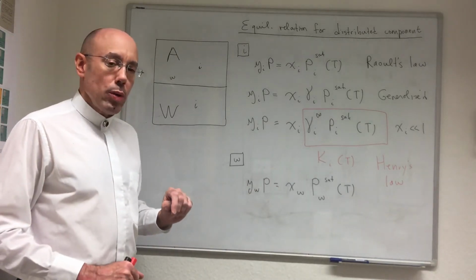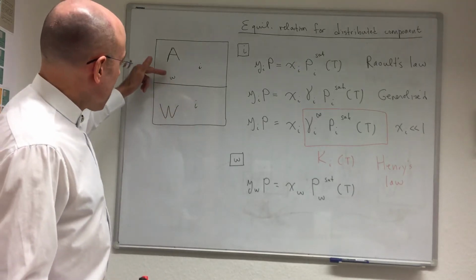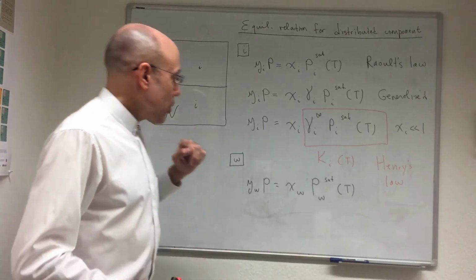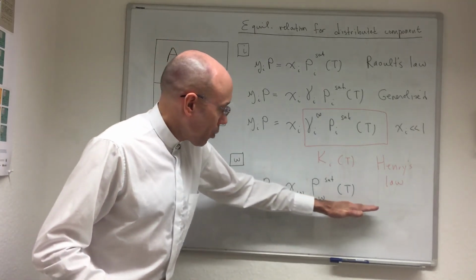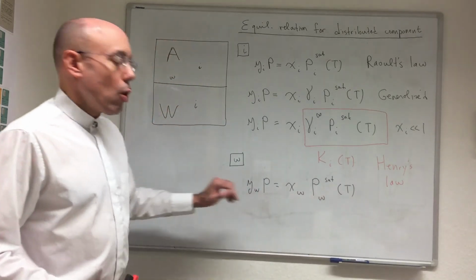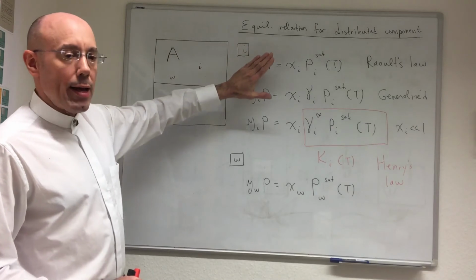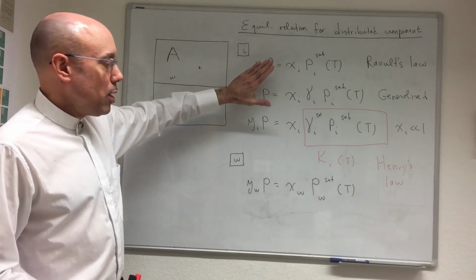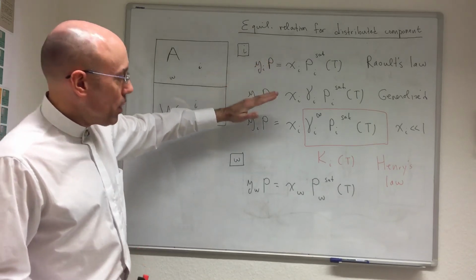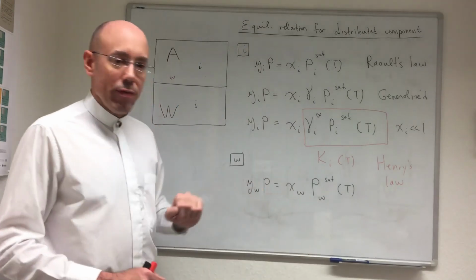But if you also account for evaporation of the liquid, then that absorbing liquid is also a distributed component, and you have to write down an equilibrium relationship for the liquid that's doing the absorption also. So either you just have this equation alone and neglect the evaporation of water, or if you want to do the more complicated scenario where you account for evaporation of water, then you have to have both these equations, one of these and one of these.